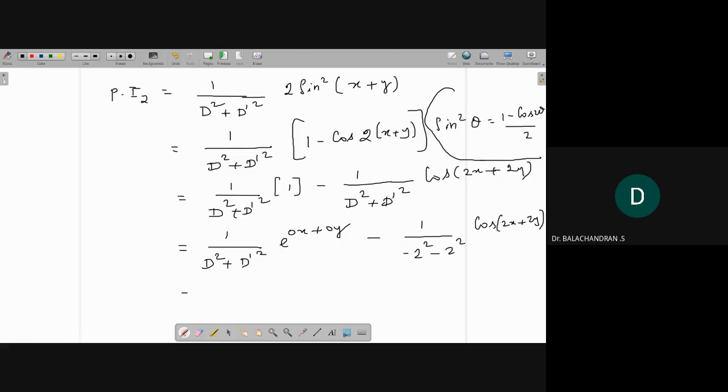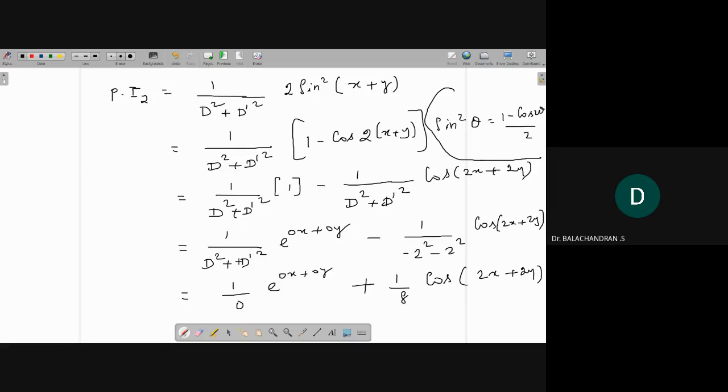Now you replace D by 0 and D dash by 0, so the denominator is 0. So 1 by 0 into e power 0x plus 0y, minus, but here minus 4, minus 4 gives minus 8, so plus 1 by 8 into cos of 2x plus 2y.